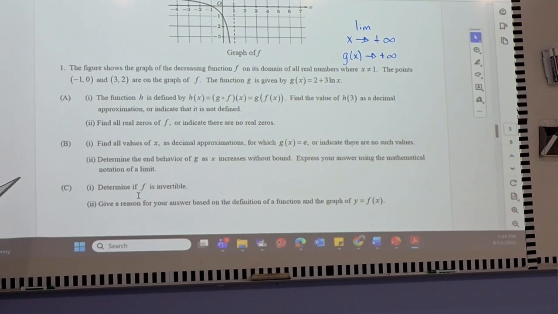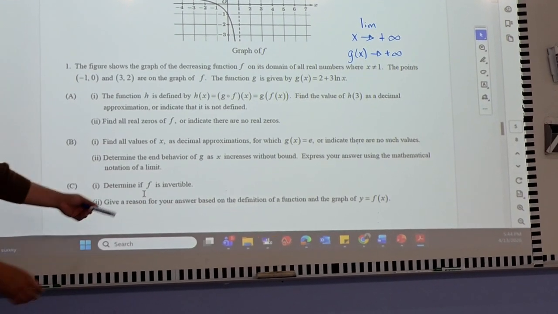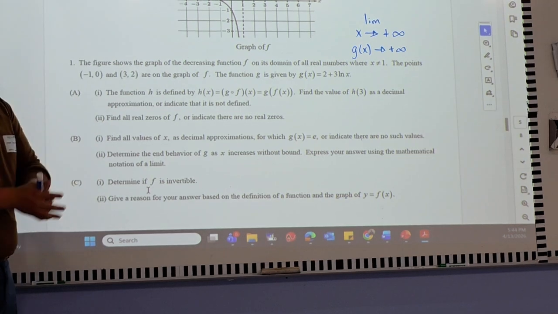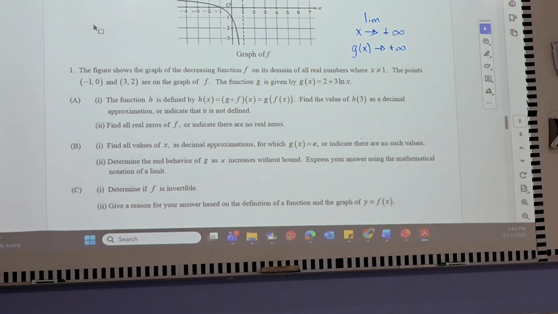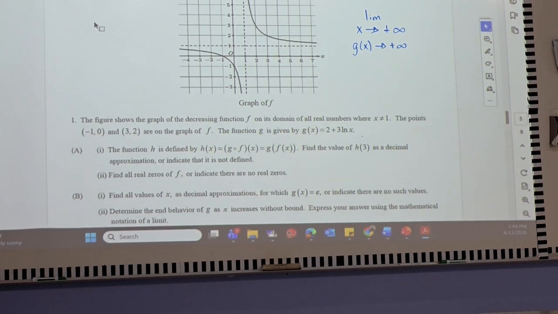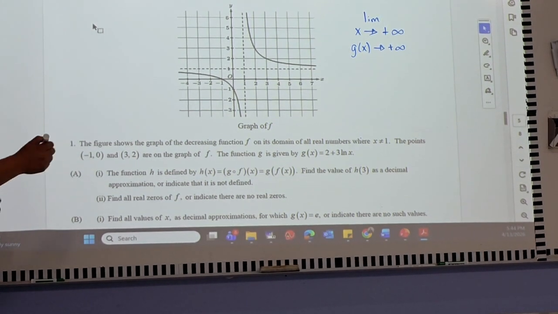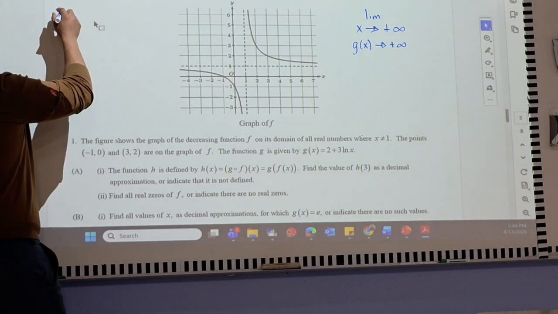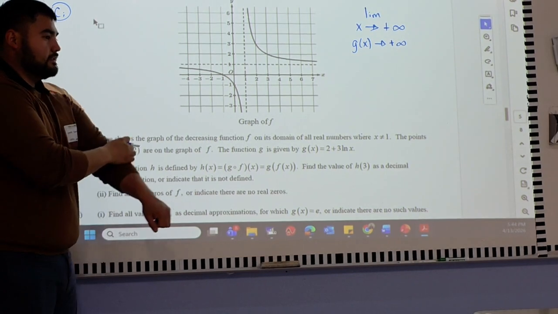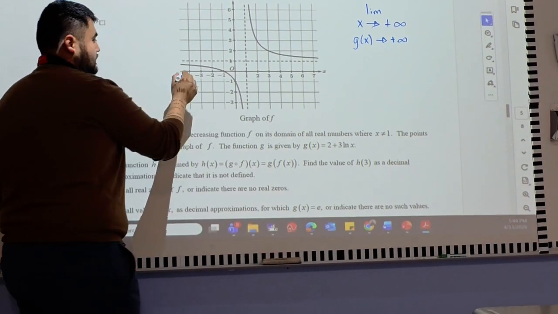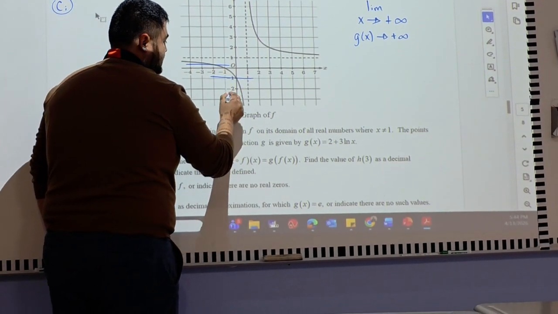So now, let's focus on part C. For part C, does f have an inverse? So let's go back over here. Alright, so for C1, does this graph have an inverse? So what you have to do here is place a horizontal line test and test it.